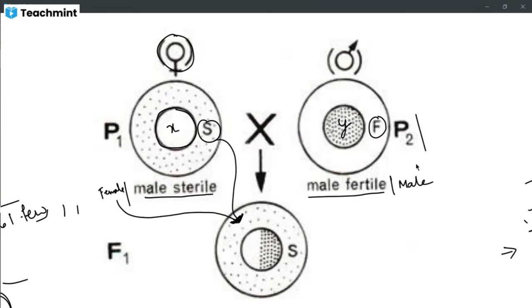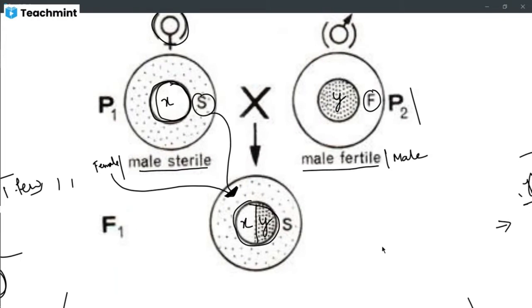But the nuclear condition will be half from your female side, that is X, and half from the male side.